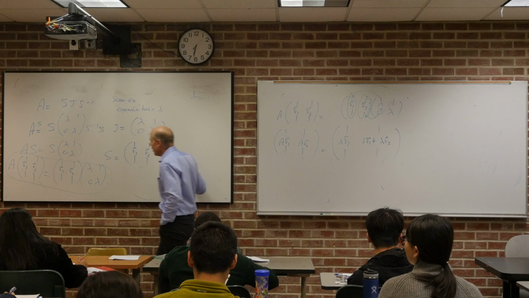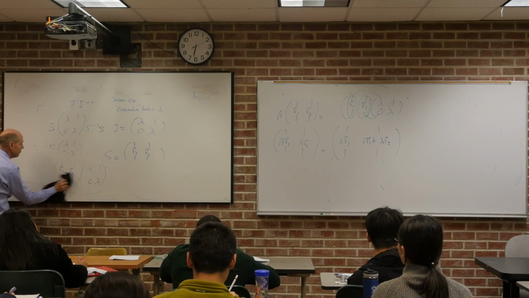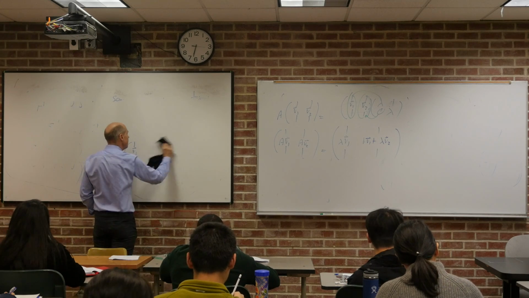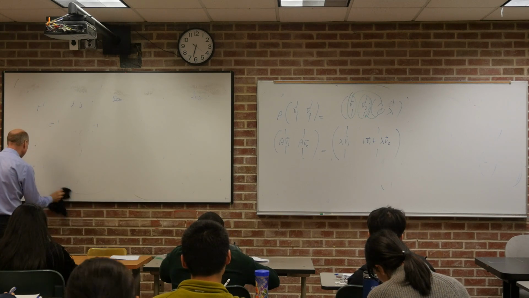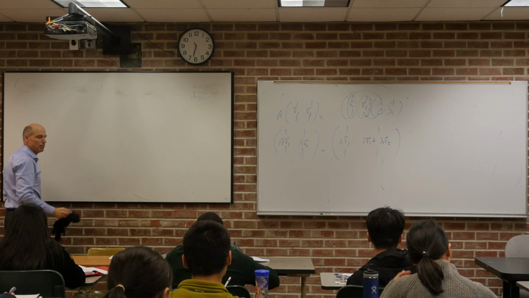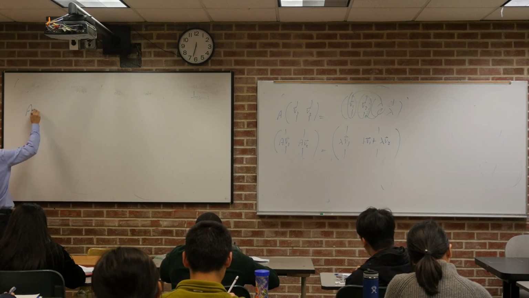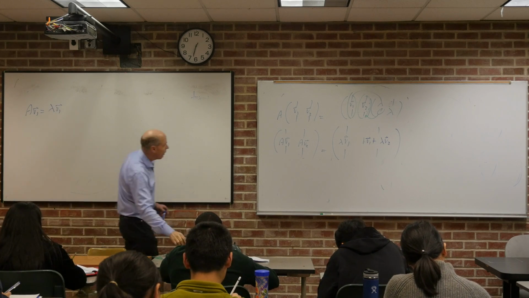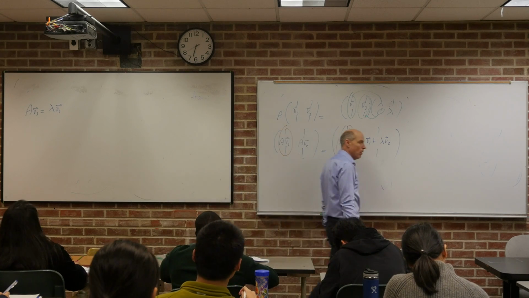Well, you're absorbing that. Clean up over here. Looking at first columns, once I get my A, A v1 has to be lambda times v1.